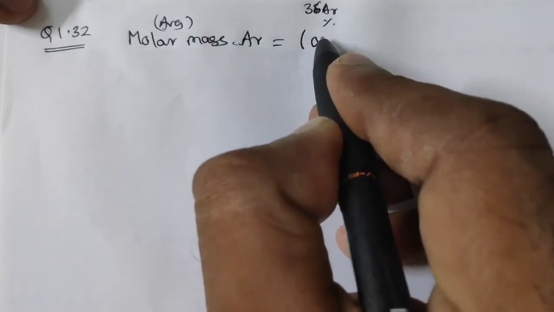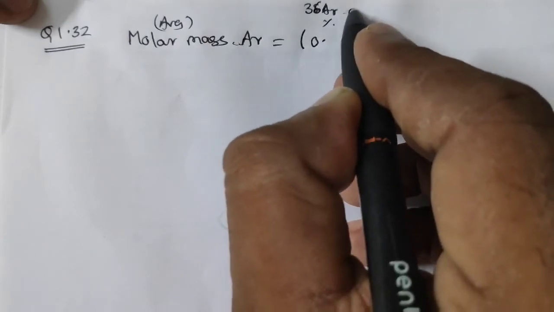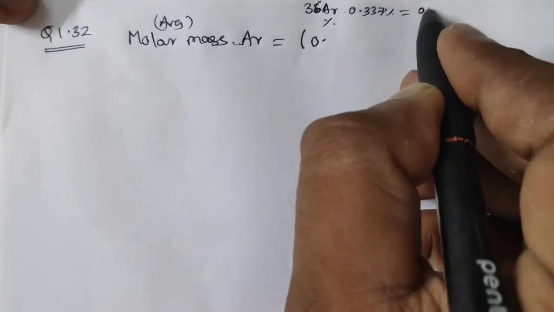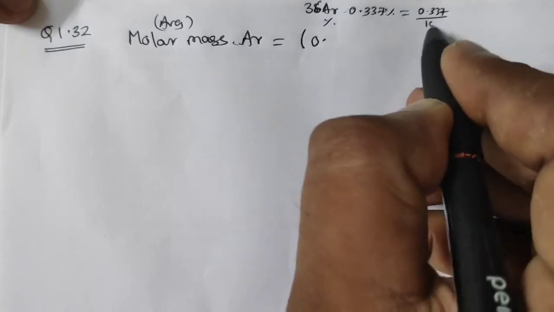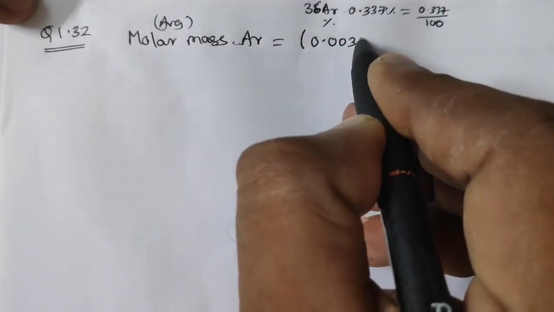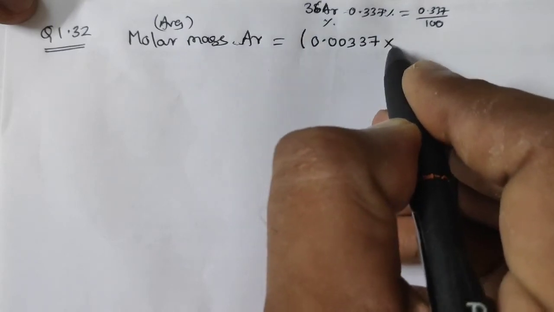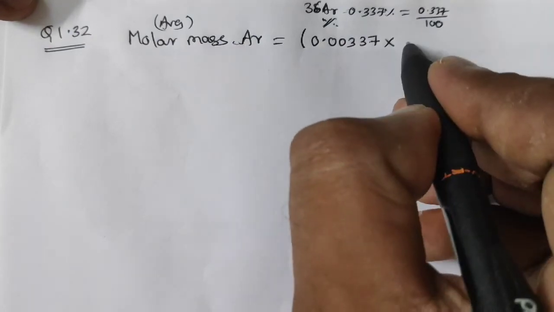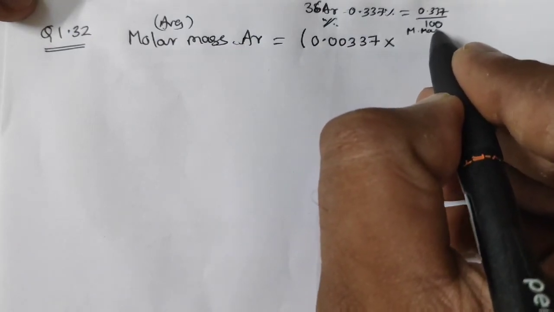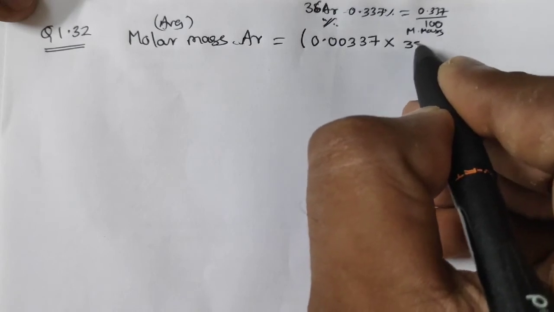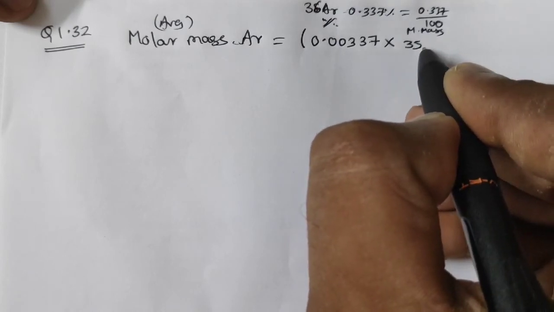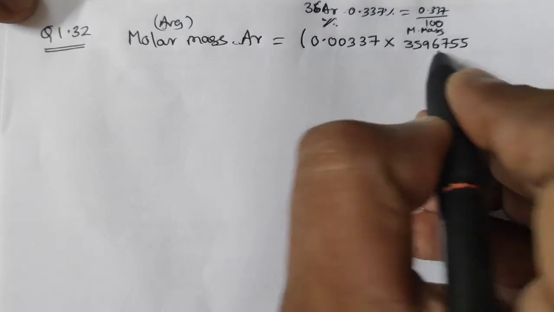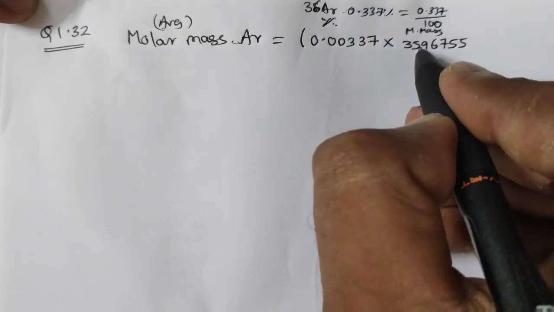It was 0.337%, so I will change it to 0.337 divided by 100, so it will be 0.00337, into the isotopic molar mass, right? The molar mass given is 35.96755 gram per mole.